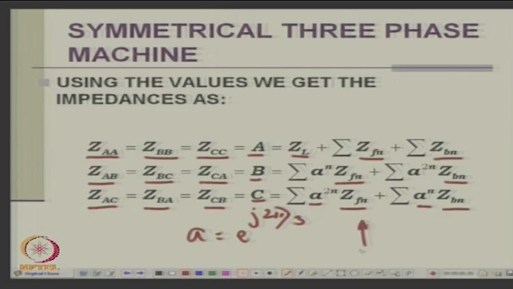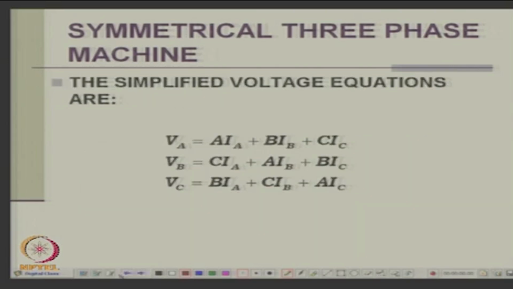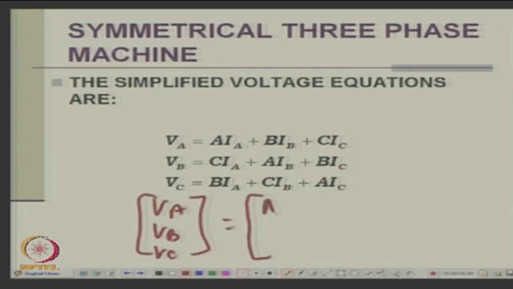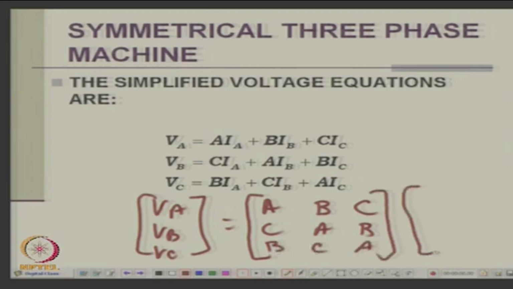I want you to check this. If you have doubt, you have to get it clarified. How do you get this? Because you had to substitute the constraints into that general equation. And therefore, we have this equation: VA, VB, VC in matrix form will be the matrix with rows A B C, C A B, B C A, multiplied by IA, IB, IC.